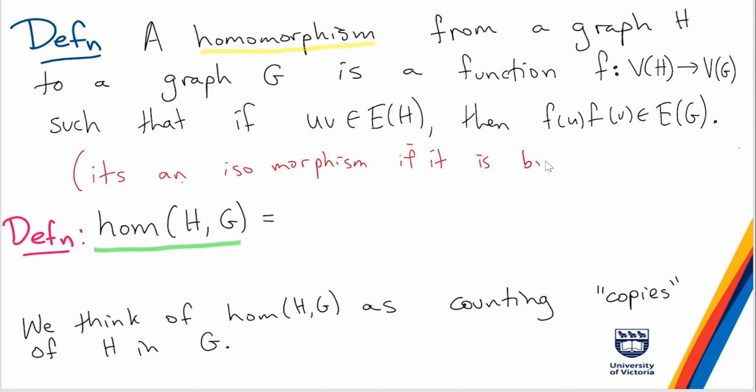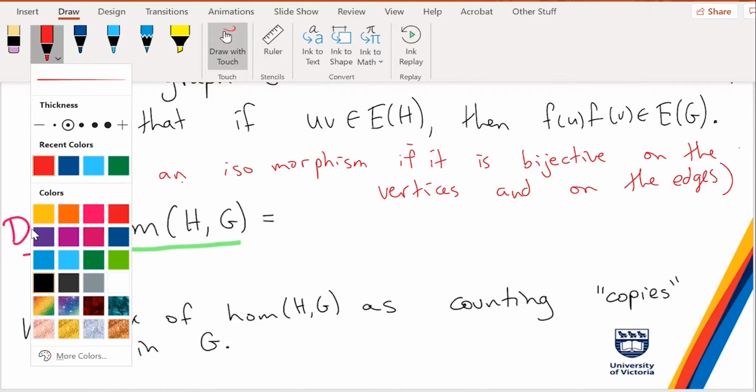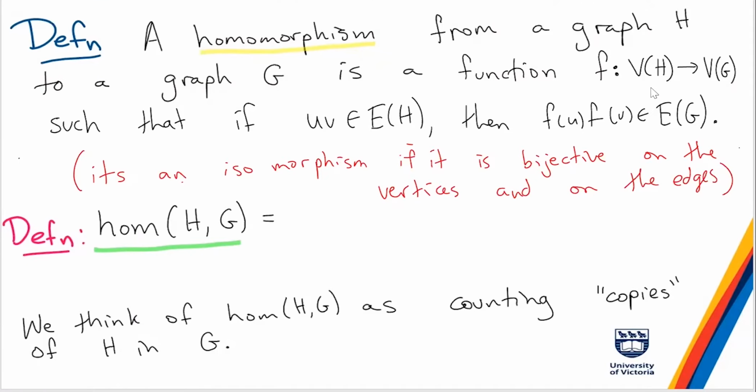It's a little awkward to say that it's bijective on the edges. But a homomorphism is formally only defined as a function on the vertices, and it does induce a function on the edges, because you can think of f of the edge uv as being the edge f(u)f(v). Anyway, let's not worry too much about that.